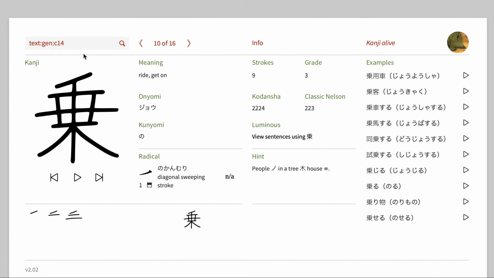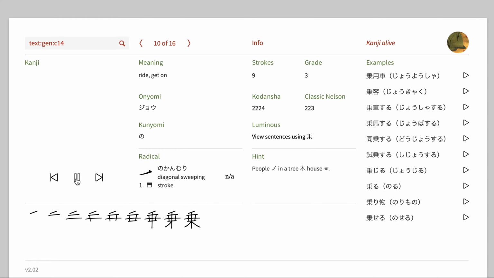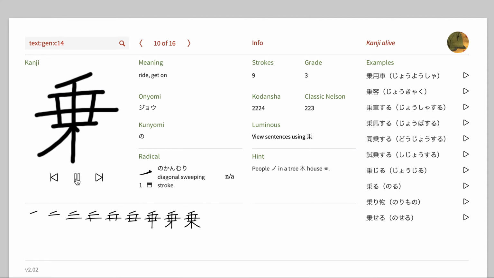We have another kanji that we will mostly see as the root of a verb. This is the no of noru, like to ride or to get on some sort of vehicle. The onyomi is jo. So first you kind of write out some of the horizontal lines, close it up, spear it, and add the two diagonal lines.